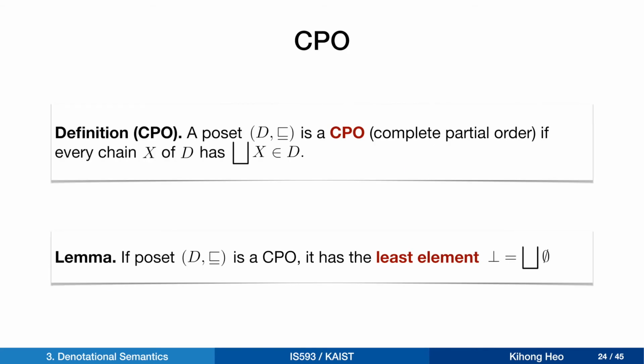Then finally we are ready to define CPO, which means complete partial order. Suppose this D is a partially ordered set and there will potentially be many chains.